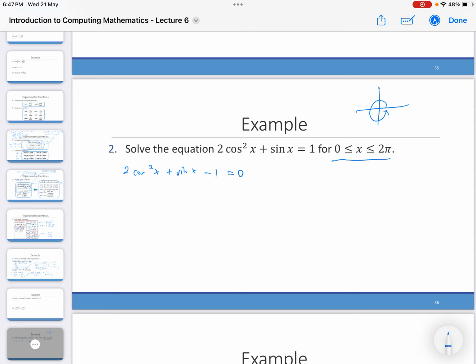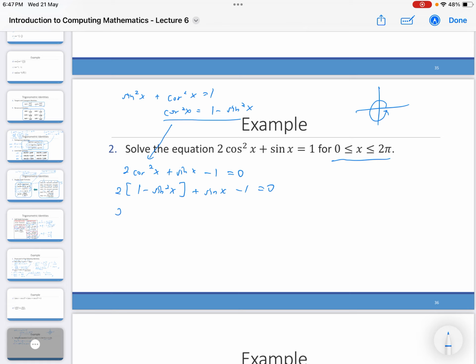Okay, and then we know the Pythagorean identity, sin squared x plus cos squared x equals 1. So we have cos squared x equals 1 minus sin squared x. We substitute this in for the cos squared. So we get 2 times (1 minus sin squared x) plus sin x minus 1 equals 0.